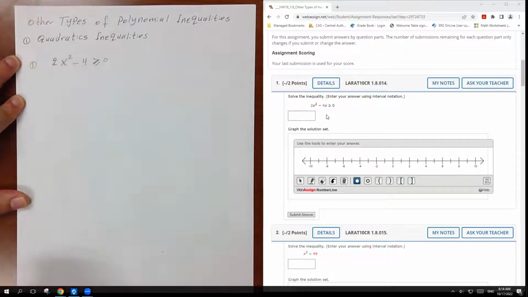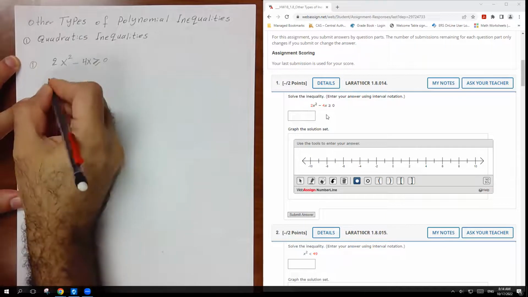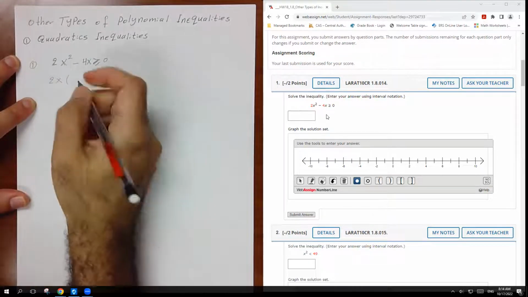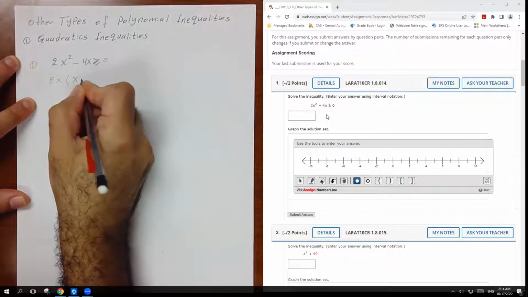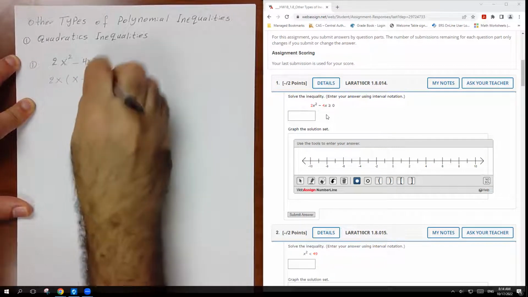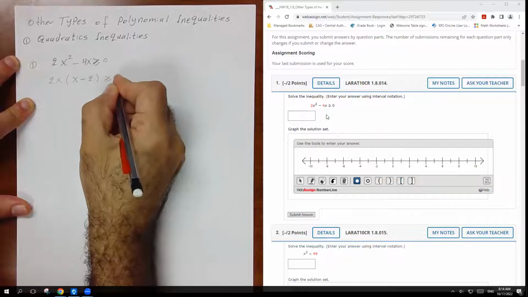Do we have an x? Yeah, we have an x here. So the GCF is 2x, and what is left is x minus 2, greater than or equal to 0.